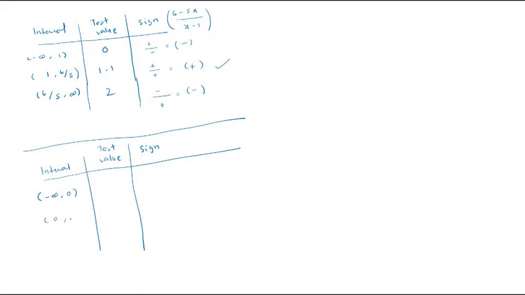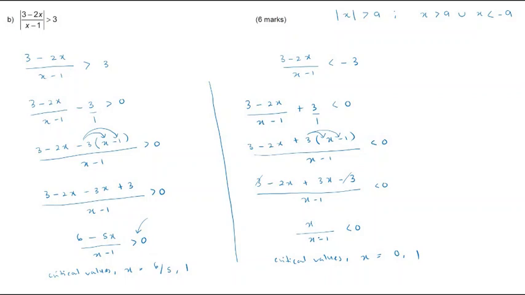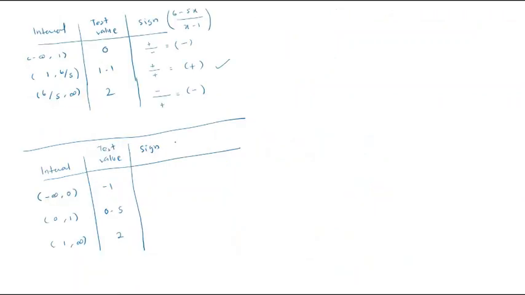Second interval from 0 to 1. And third interval from 1 to positive infinity. Choose one test value each: negative 1, 0.5 and 2. And we will substitute into the last fraction, x over x minus 1.